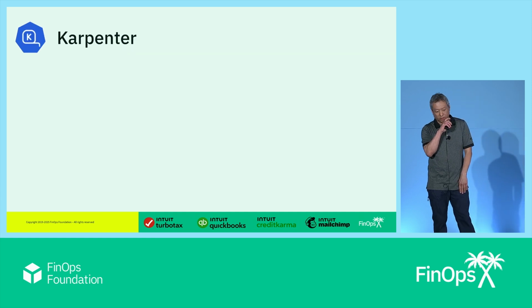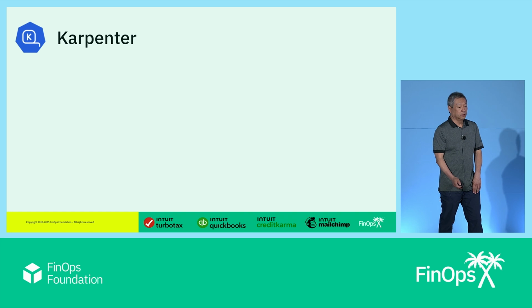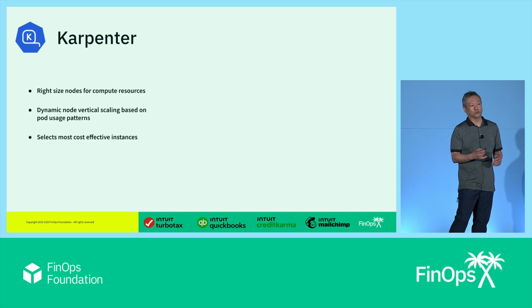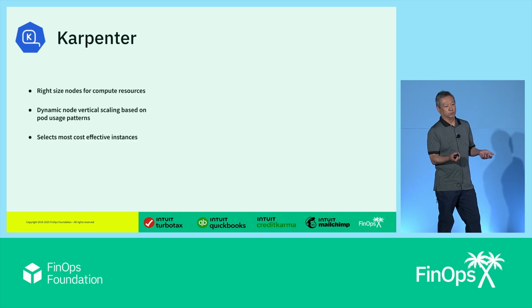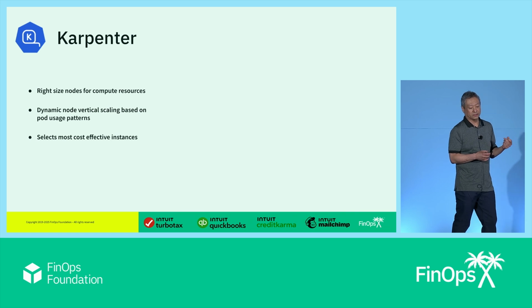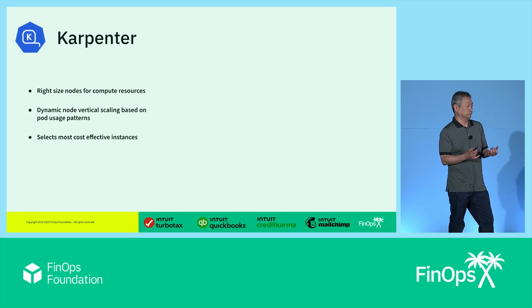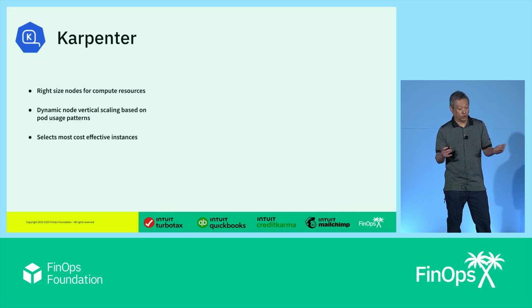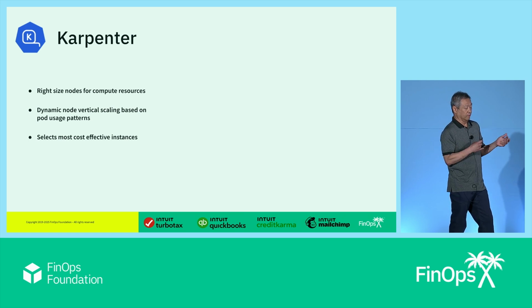Next, we started working with Karpenter. Karpenter is another open source tool, developed by AWS. It's a Kubernetes cluster autoscaler, and it right-sizes your nodes based on compute resources, mainly CPU, memory, and storage. It also uses pod usage patterns to right-size your nodes.